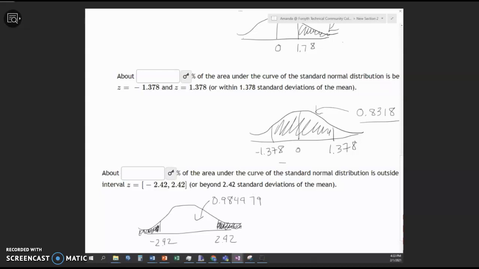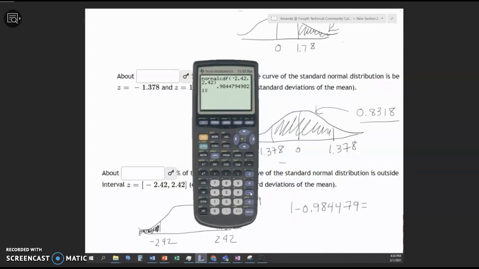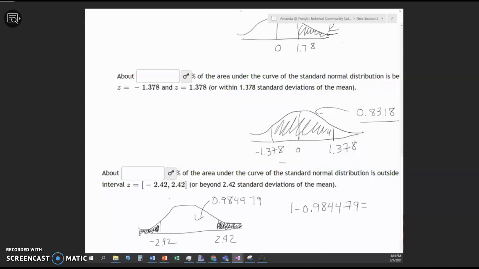That means what's on the outside is 1 minus that. So I will say 1 minus 0.984479, and that gives me 0.015521, which should be the area in those leftover shaded regions. This probably wants 4 decimal places, so I would say 0.0155.